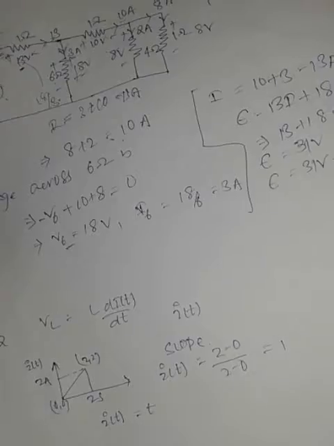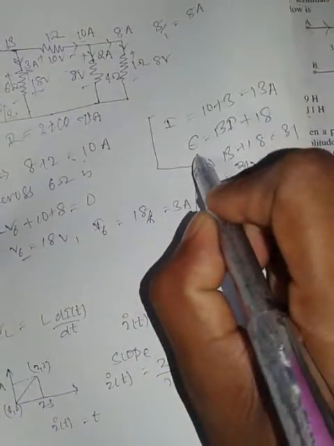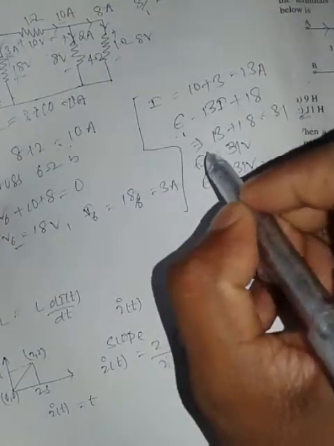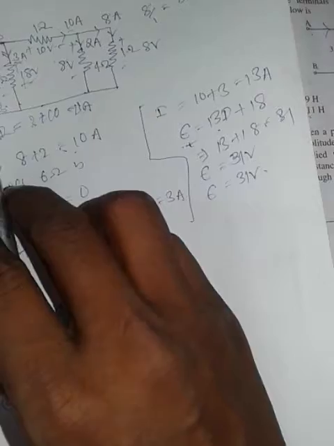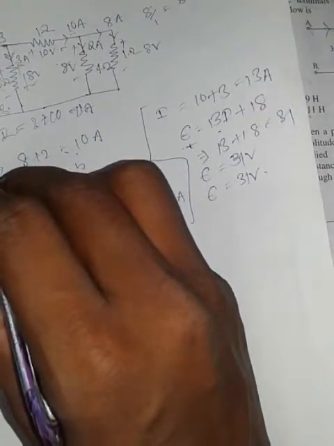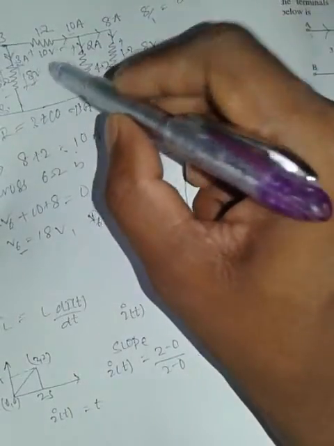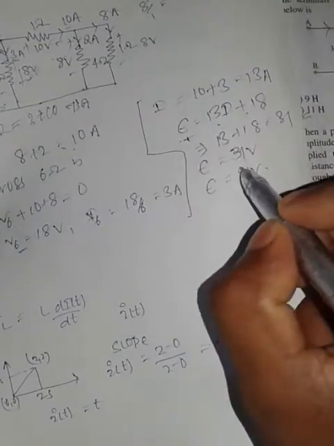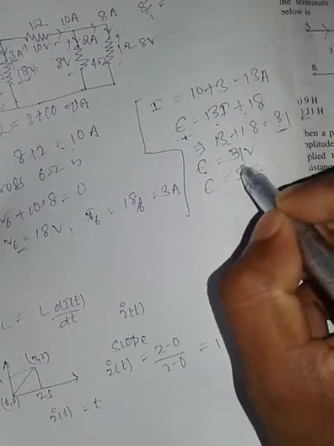So apply KVL here. We are taking E separately. E is equal to 13 into 1 plus 18, because we have already calculated this 18 volt. So E is equal to 13 plus 18 is equal to 31. So E will be 31 volt.